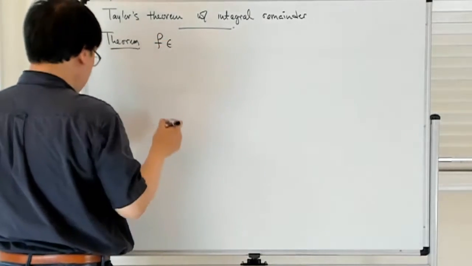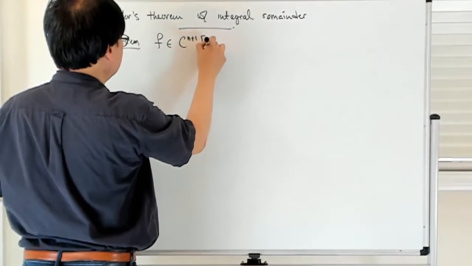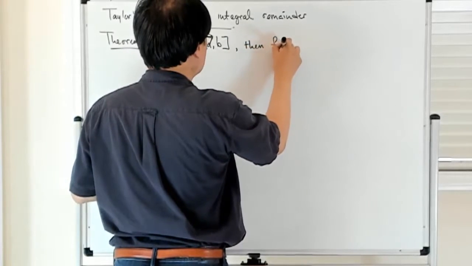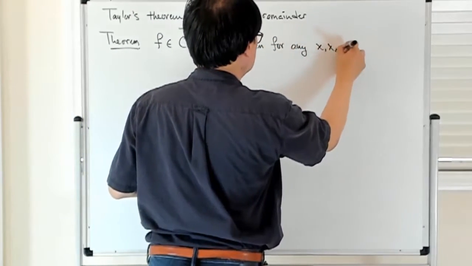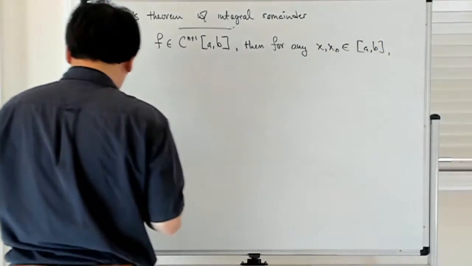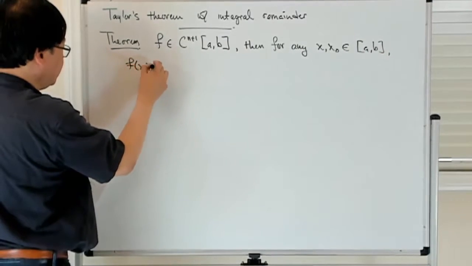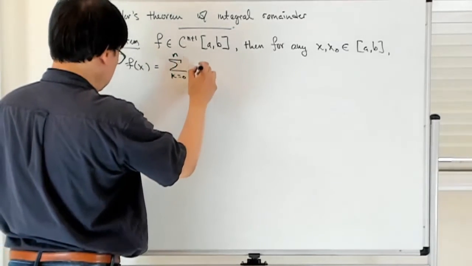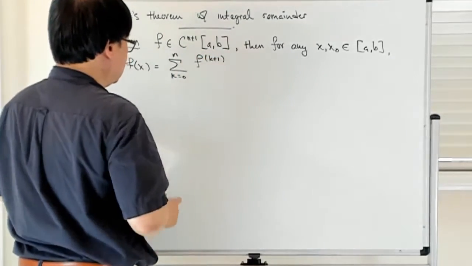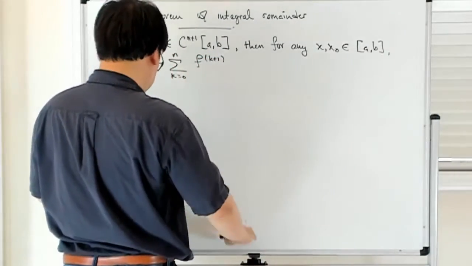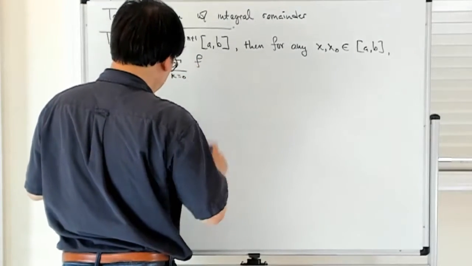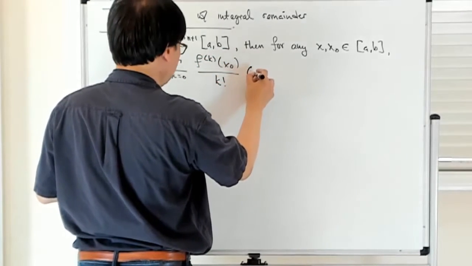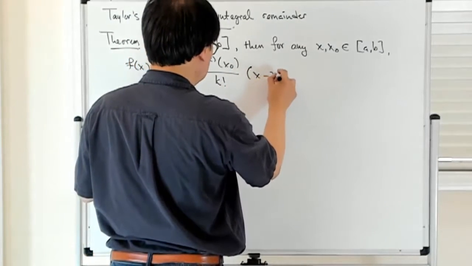So if f is n plus 1 times differentiable in some closed interval from a to b, then for any x and x0 in this interval, we have that f of x is equal to the sum from k equals 0 to n involving the kth derivative of f evaluated at x0 divided by k factorial, multiplied into the monomial term x minus x0 to the k.